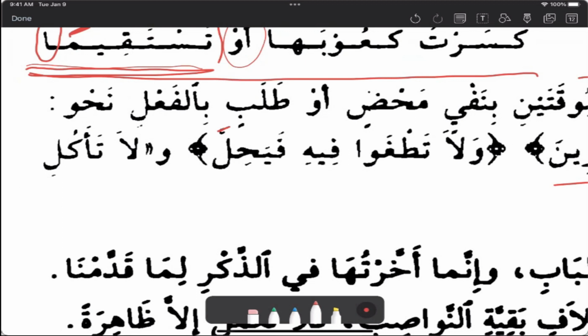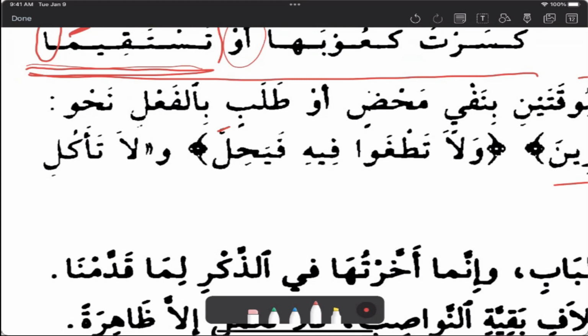And do not transgress. So that's seeking something by use of a verb, seeking to not do something, actually. La tatughaw, don't transgress. That's a talab. There's many types of seeking. So, should be clear for you here.